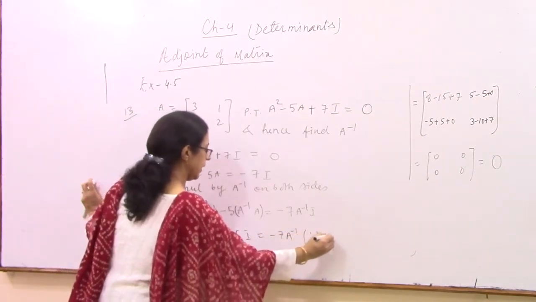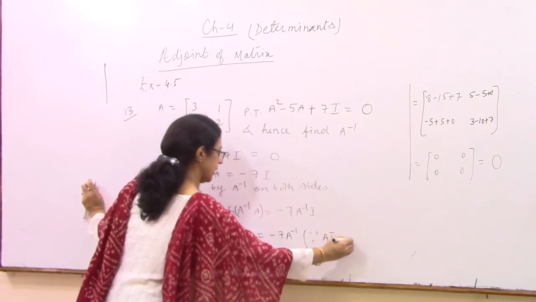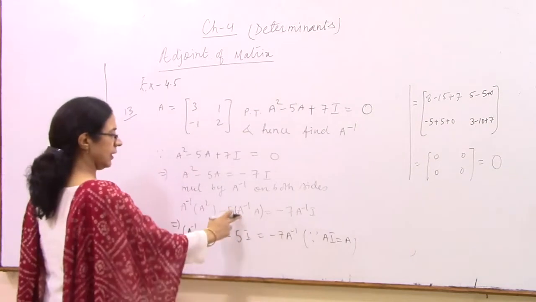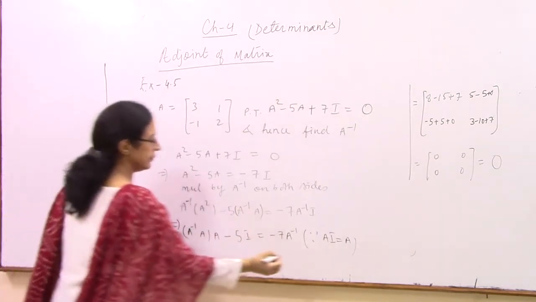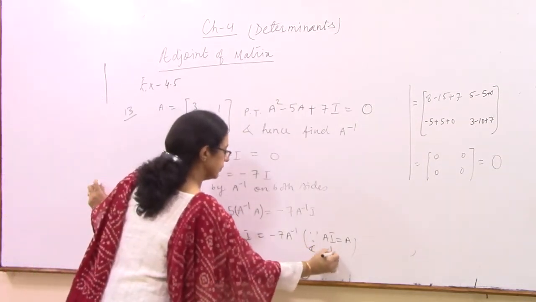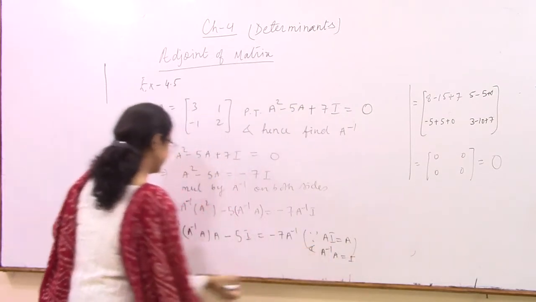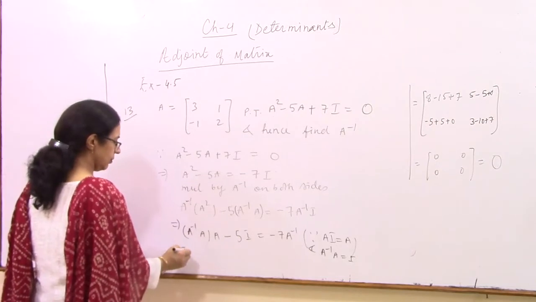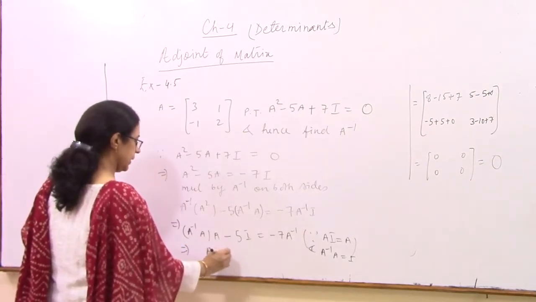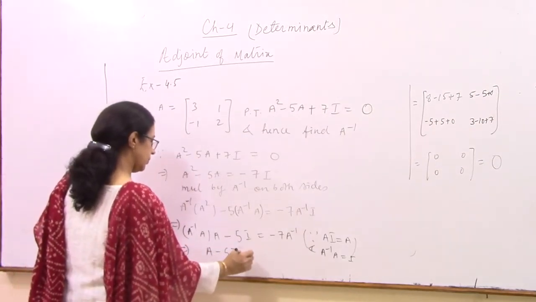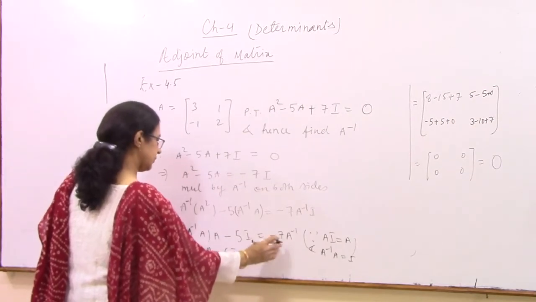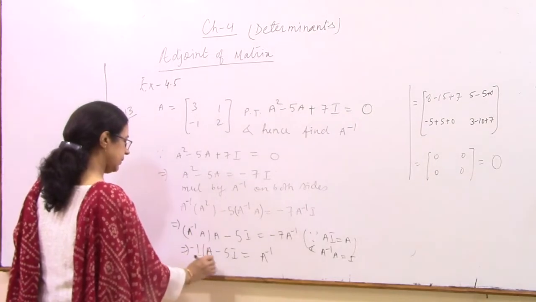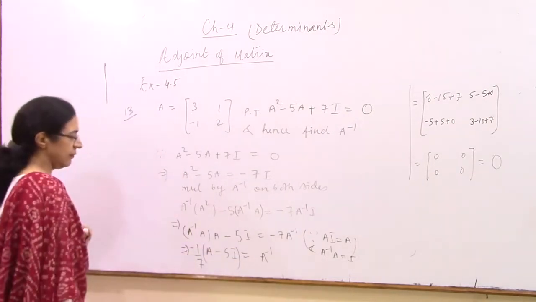Since AI is always equal to A, so A inverse I equal to A inverse, and A inverse A equal to I. Now A inverse A equal to I, and I A equal to A. So simply A minus 5I equal to minus 7 A inverse, and shifting minus 7 to the left hand side, we have A inverse equal to minus 1 by 7 times (A minus 5I).